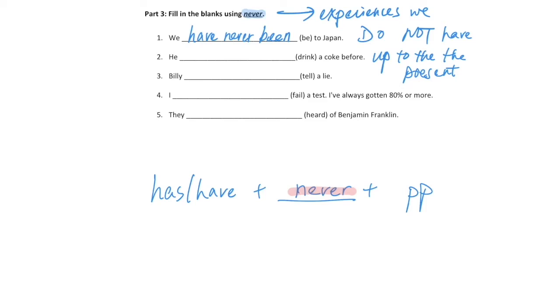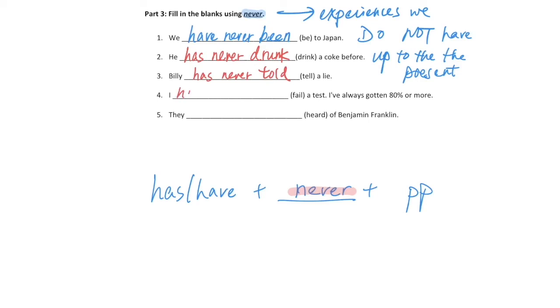Alright, question 2. He has never drunk a Coke before. Question 3. Billy has never told a lie. And then question 4.